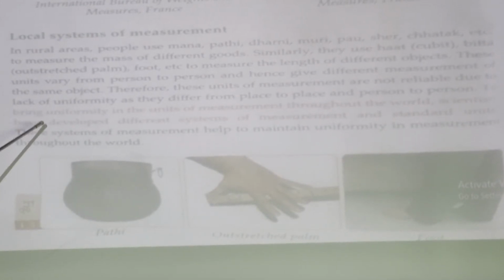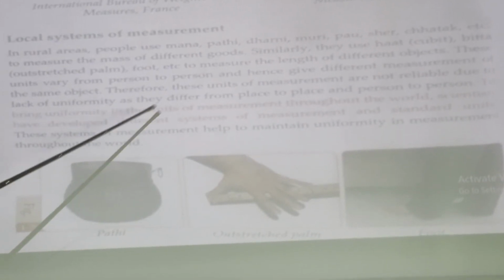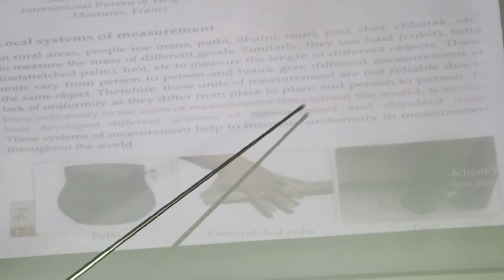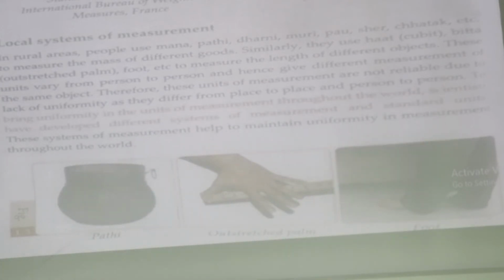To bring uniformity in the units of measurement throughout the world, scientists have developed different systems of measurement and standard quantities. In local measurements, the result varies from one person to another because their measuring instruments may be short or long.